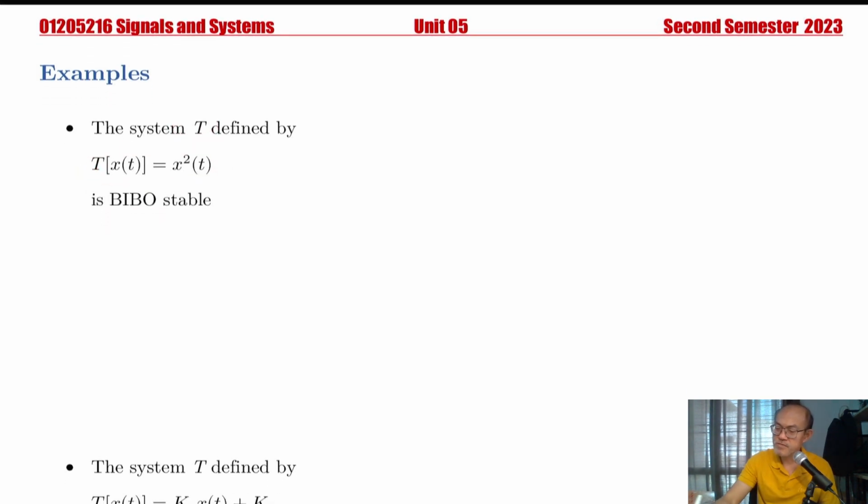To show that T is BIBO stable, suppose first that x(t) is any bounded signal.